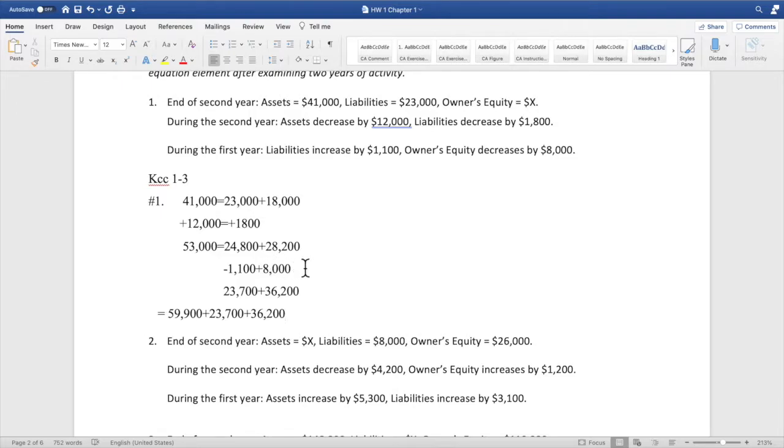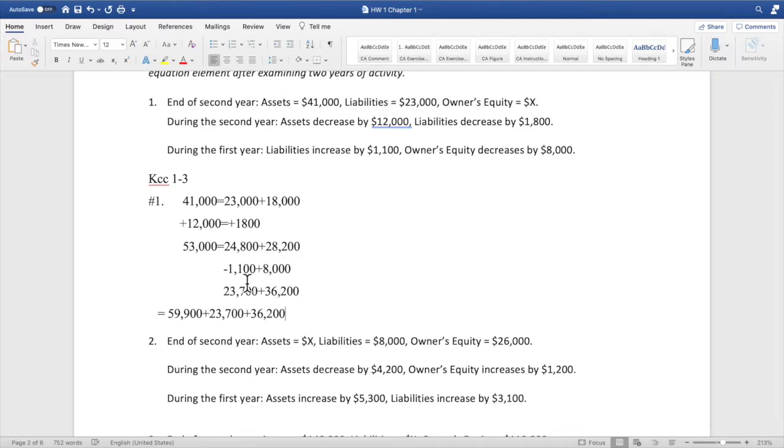So now we see here during the first year, liabilities increased by 1,100 and owner's equity decreased by 8,000. Now remember, we're working backwards because this was during the second year. Now we're going to the first year.